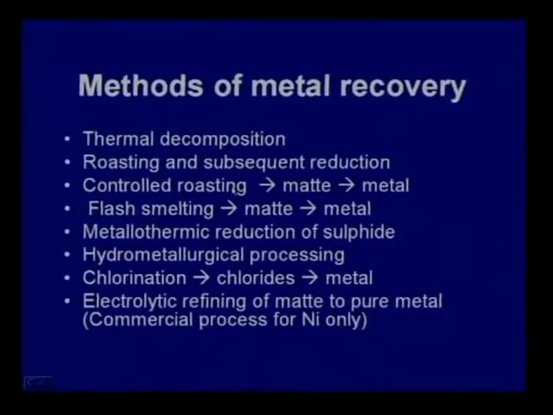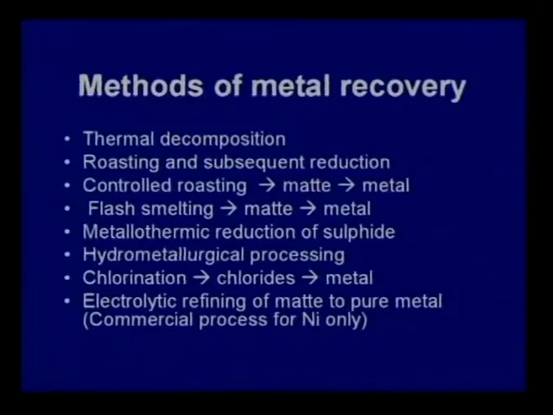We ensure that not all iron gets oxidized. We leave oxidation of iron incomplete. The iron oxide that forms, FeO, is slagged out. We are left with copper sulphide and some residual iron sulphide. These two form what is known as a matte. Matte is a mixture of sulphides.